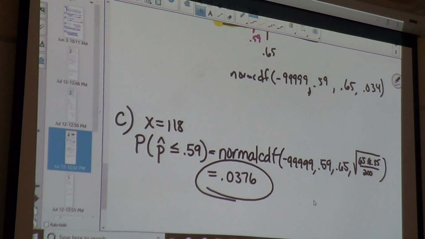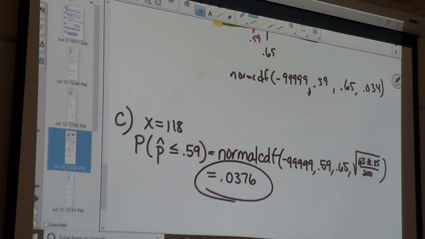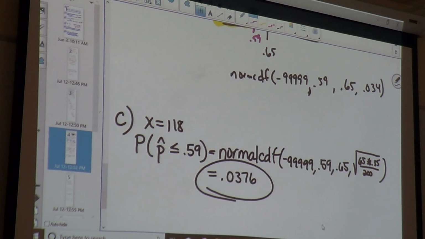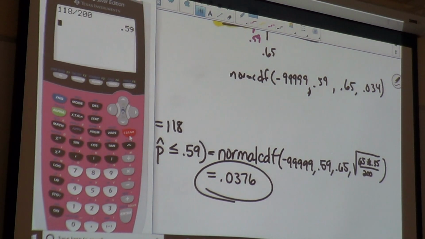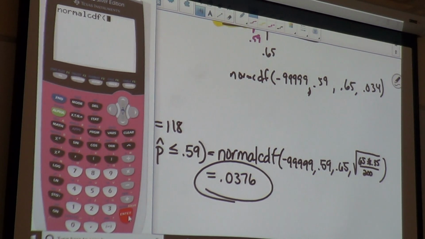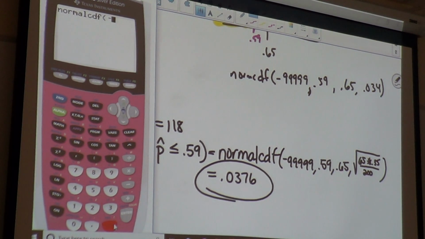That's not what my... Okay. Let's look. Did you just type in 0.034? Okay, that may be why it's a little bit off. Second Vars, normal CDF, negative 99999, comma, 0.59, comma, 0.65, comma. I'm going to do it both ways.